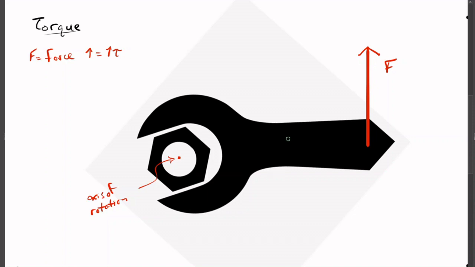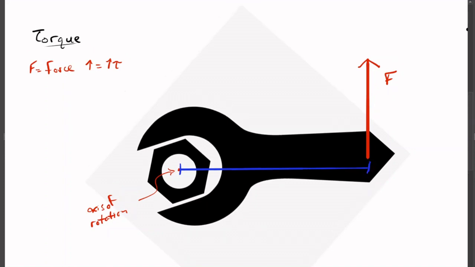The next thing we need to look at is how far away that force is being applied from the axis of rotation. So the closer it is, the harder it's going to be to rotate. This value right here is the distance between those two spots. This value right here is d.